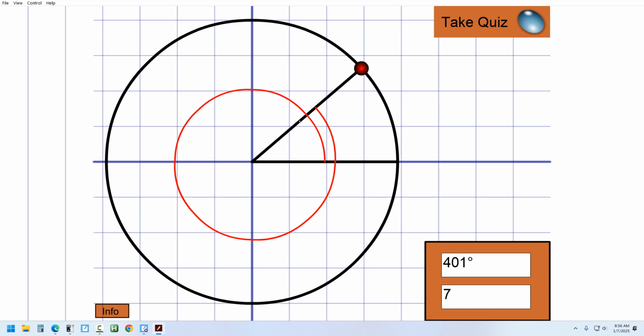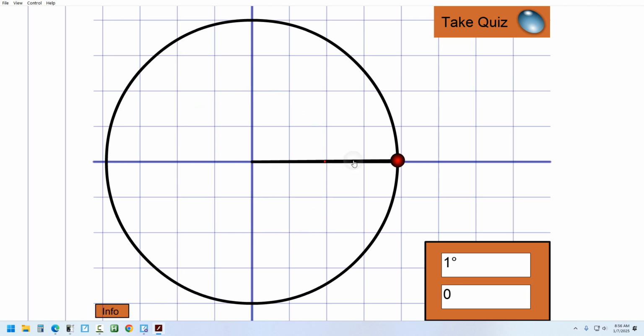Does anybody know what the unit is for that bottom number? It's not degrees. Is it radians? It is radians. And you'll notice that some of these numbers, if you get on just the right one, all of a sudden it changes to a number with pi.